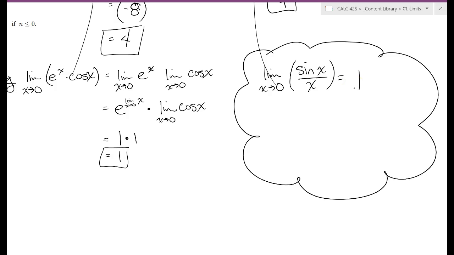We can dive a little bit more into this later on, because the problem is right now, if we just plugged in, we would get 0 over 0, which is no good. So just use this rule as exactly that, and we'll come back to this later.